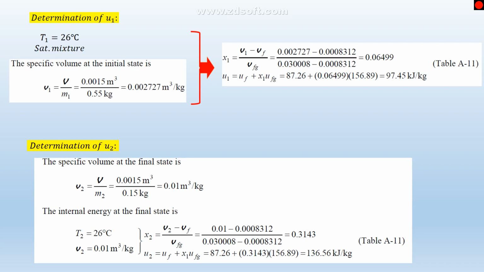You have the m2, so you can find the nu 2. Nu 2 is known, and then you can find the x2, correct? And then from here you have the uf, ufg, and by having the x you can find the u2. Okay, now the last part, to solve this question you also need to find the he, correct?